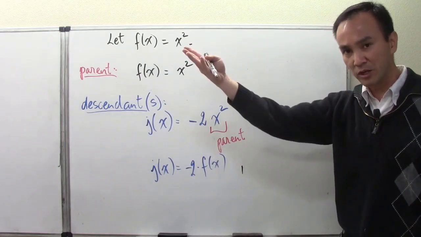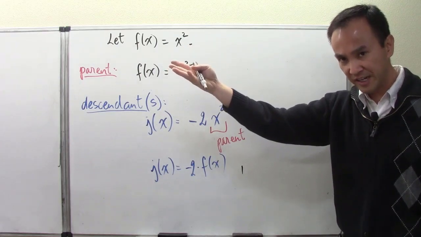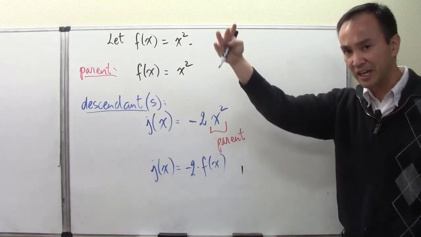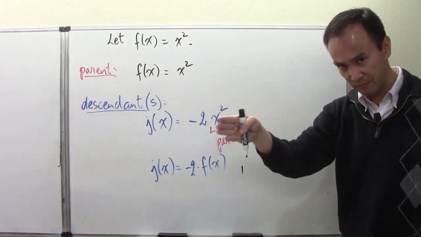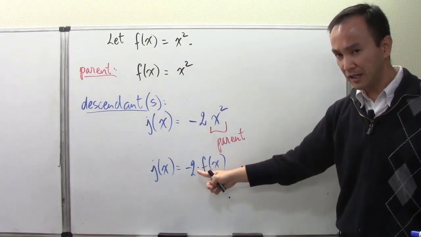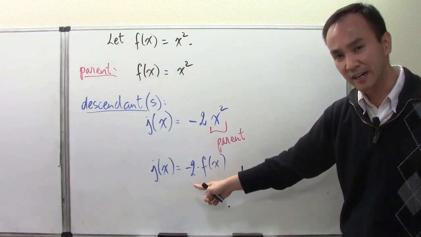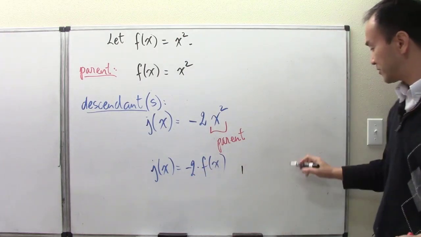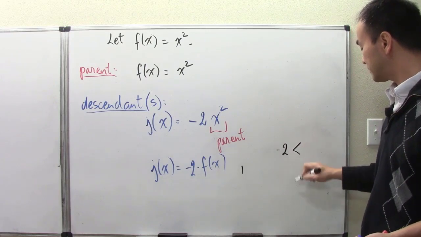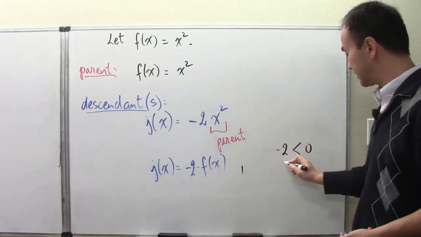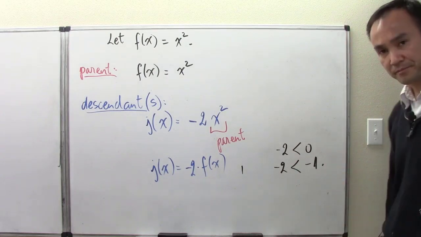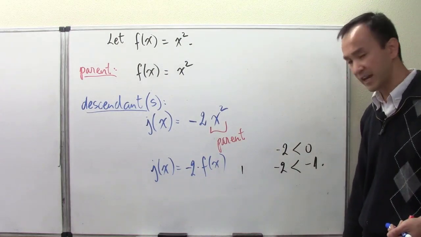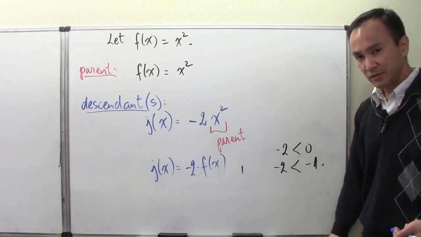Earlier we were working with positive coefficients, and then we investigated in a little more detail, positive and above 1, and positive but still below 1. But now it's a negative coefficient. -2 is negative, and furthermore, -2 is even lower than -1.